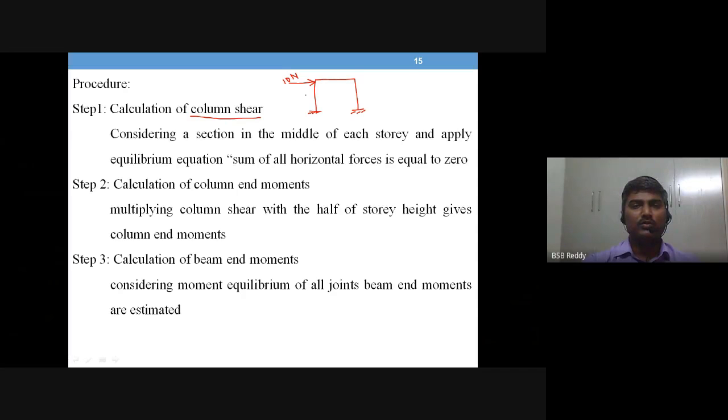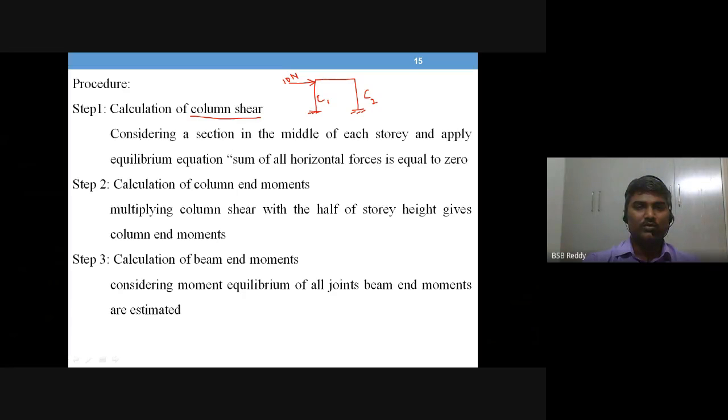To find the shear in column 1, say C1, and the shear in column 2: as there is no interior column, shear in column 1 is equal to shear in column 2. If an interior column were present, you could relate the interior column to the exterior column. As there is no interior column here, the shear in both columns is the same. That is your assumption.